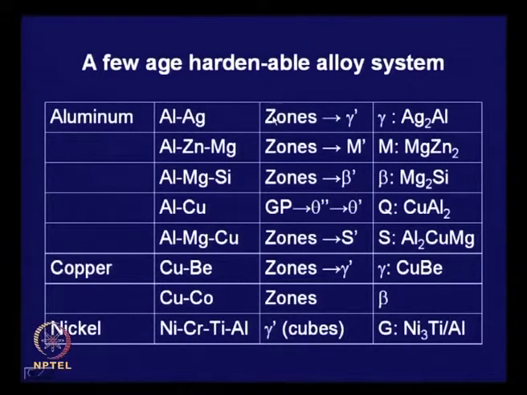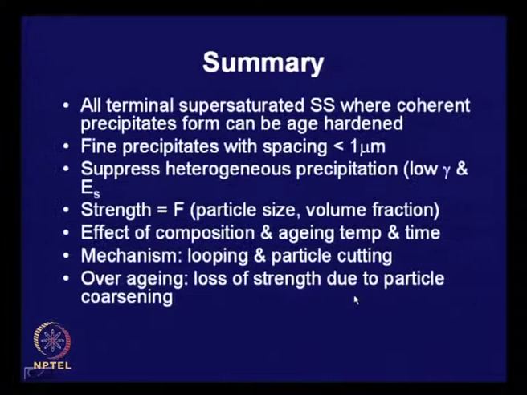It goes through zones, some coherent precipitate, finally incoherent precipitate, and these are listed here. Some of the aluminum base alloy, some common copper base alloy and a nickel base alloy. And this list is by no means comprehensive, there are many other alloy systems.